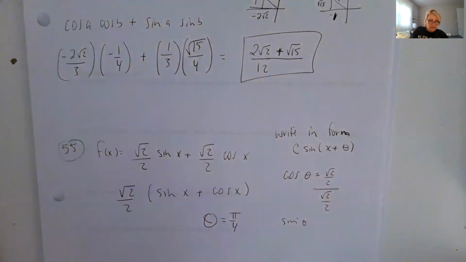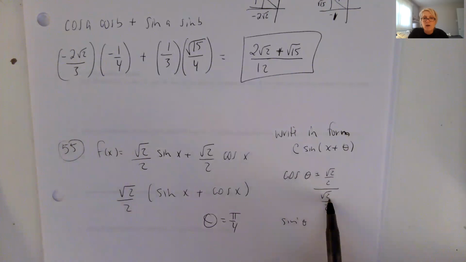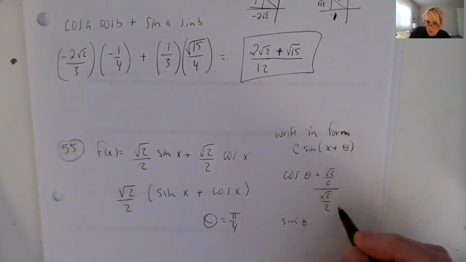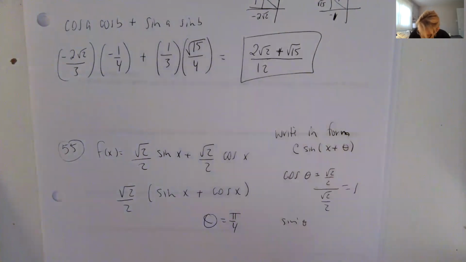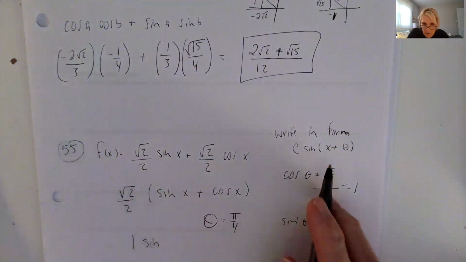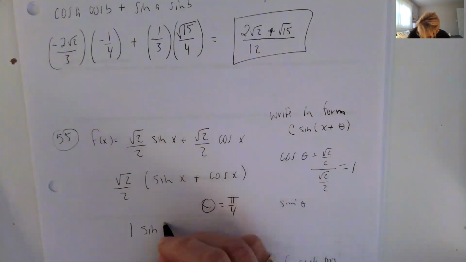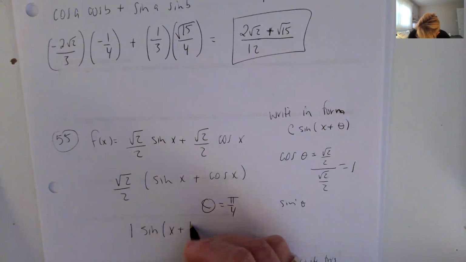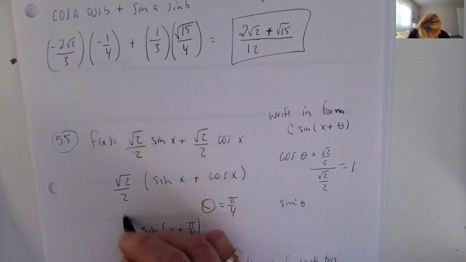So we can write this as the sine of, because 55 says write each function in the form of, when we write these as a ratio, the ratio of square root of 2 over 2 over the square root of 2 over 2 is 1. So it's just 1 times the sine of, and they want it in this form of x plus theta. So it's x plus pi over 4.